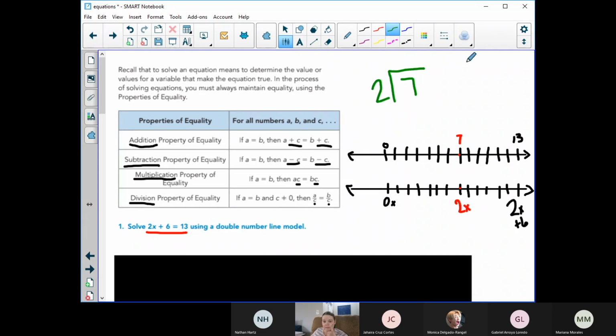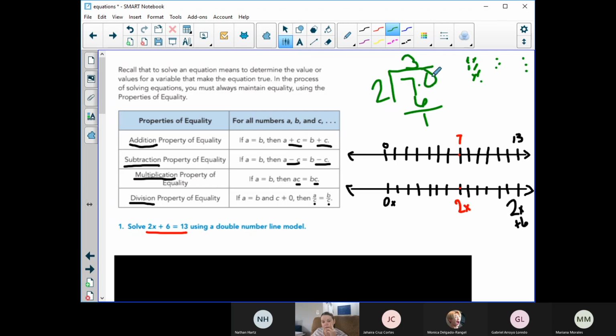If I have 7 of something, I'm going to divide it into 2 equal groups. So I can see that I would have 1, 2, 3 in each group. And then I have 1 left over.